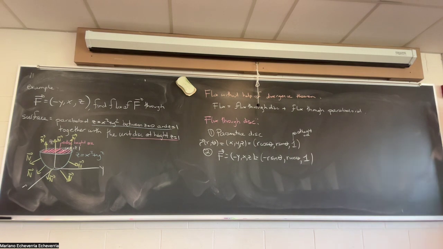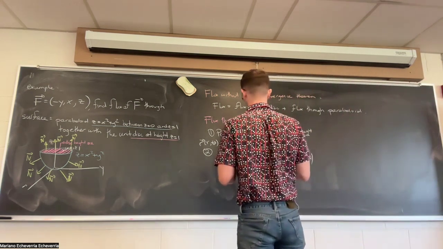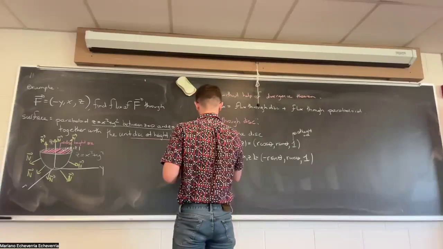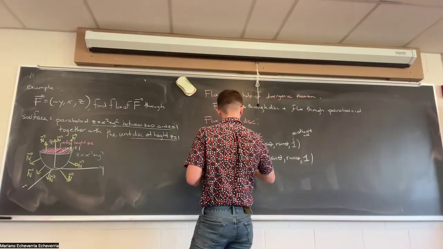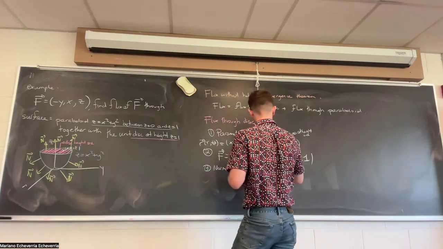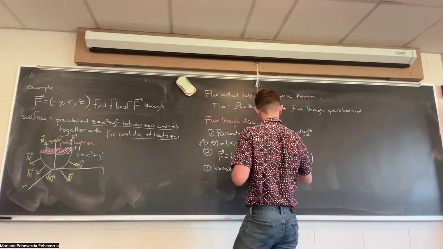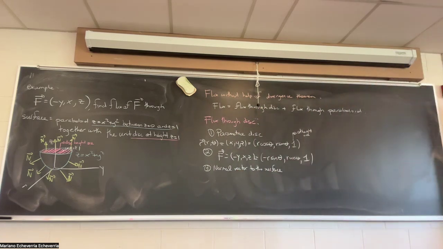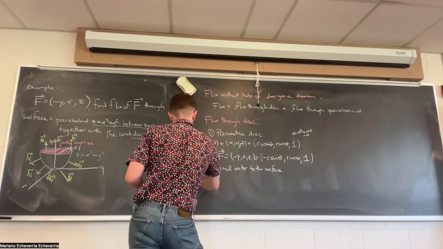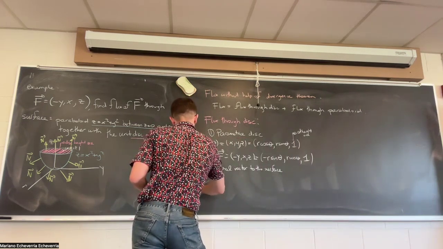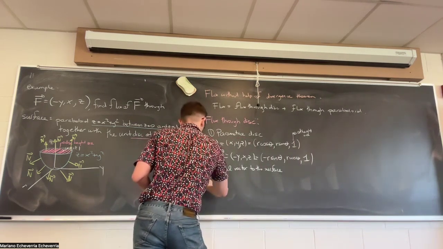And then the last thing that we need is a normal vector to the surface, before finding the flux. So how do you do that? You find the partial derivatives of the parameterization with respect to the parameters. What's the derivative of the position vector with respect to r?